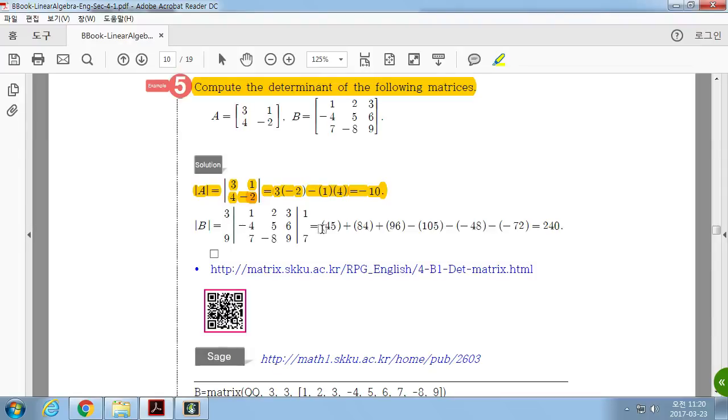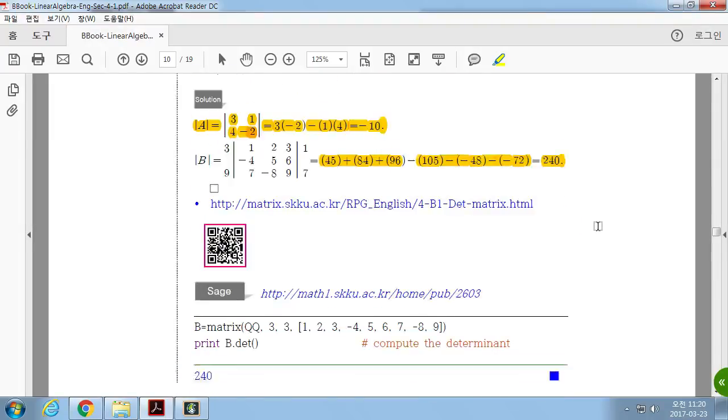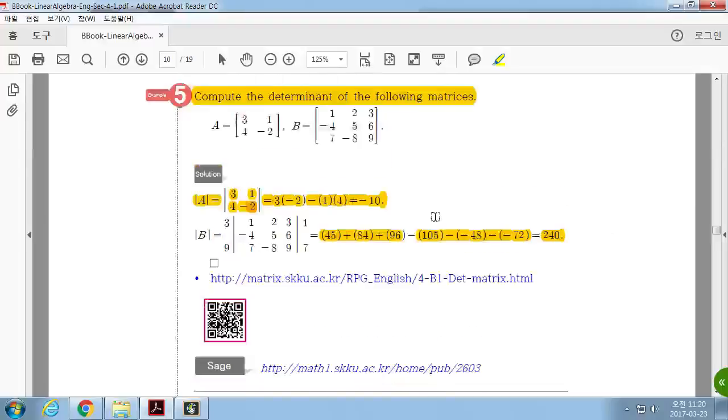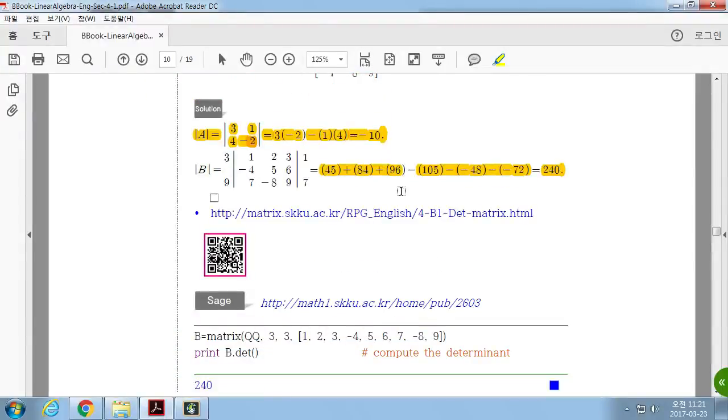That gives you these 3 terms. And here 2, minus 4, 9, and 3, 5, 7, and 1, 6, minus 8 gives you this, with all minus signs multiplied. Then it gives you 240.